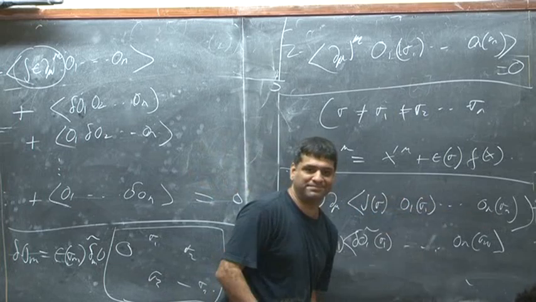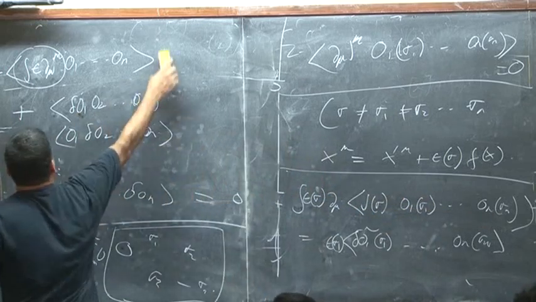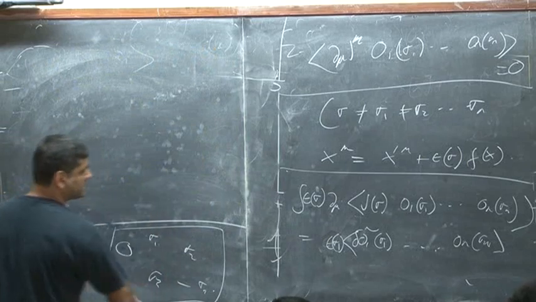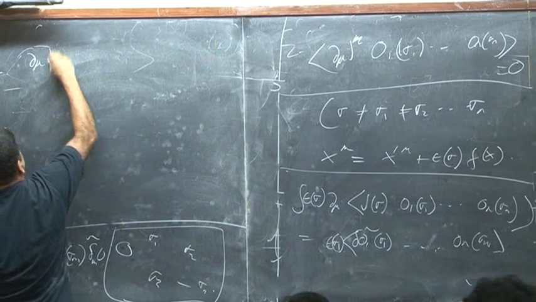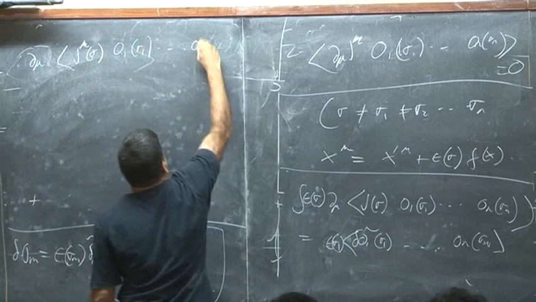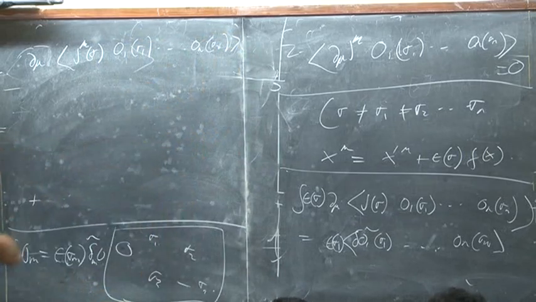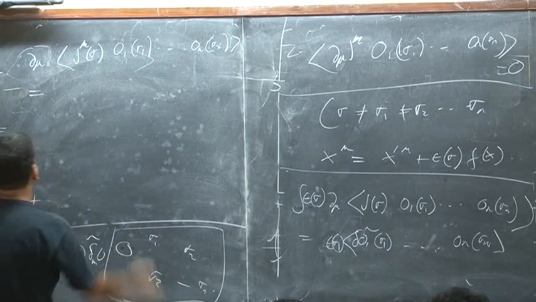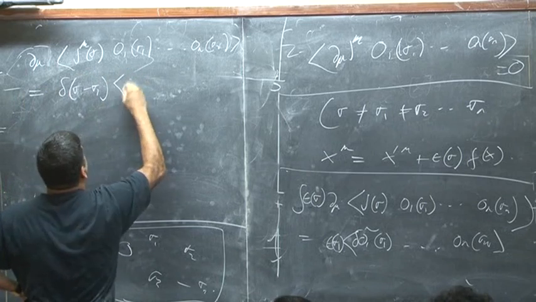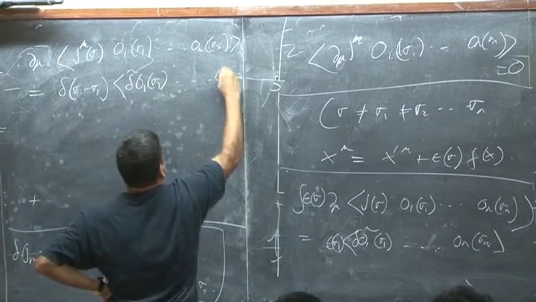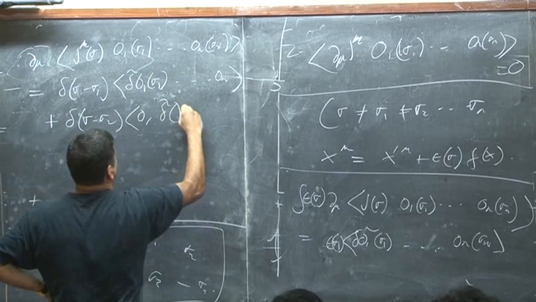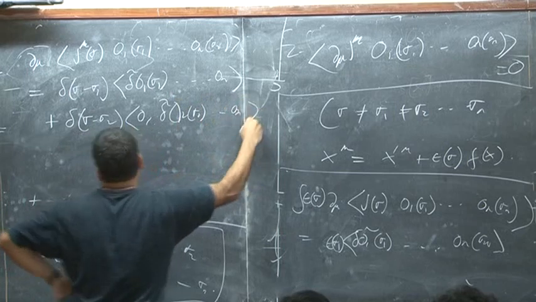What can that tell us about this function? It tells us that del mu of j mu of sigma O1 of sigma 1 ... On of sigma n is equal to delta of sigma minus sigma 1 times delta tilde O1 of sigma 1 ... On, plus delta of sigma minus sigma 2 times O1 delta tilde O2 of sigma 2 ... On, plus all these.